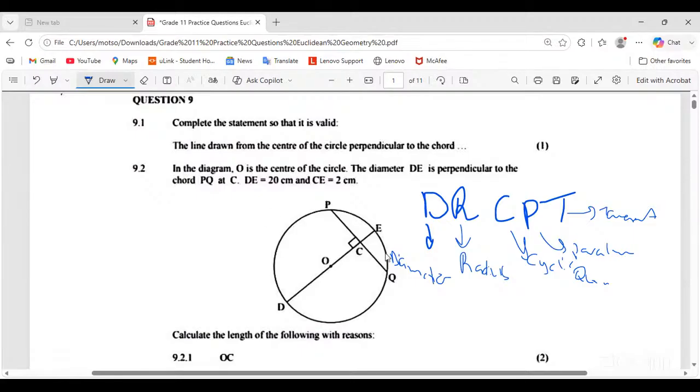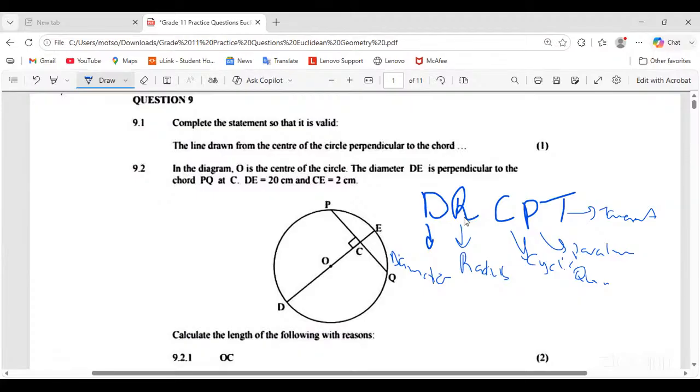So you will look at your diagram, look if there is a diameter, and apply anything that you know about the diameter: that a radius is half of a diameter, or the diameter is 2 times a radius, or the theorem that says an angle subtended by the diameter, or angle in a semicircle. Then we also have R, which is the radius.